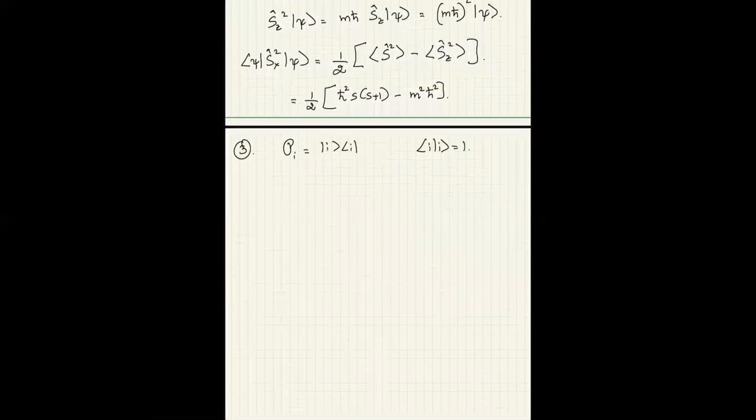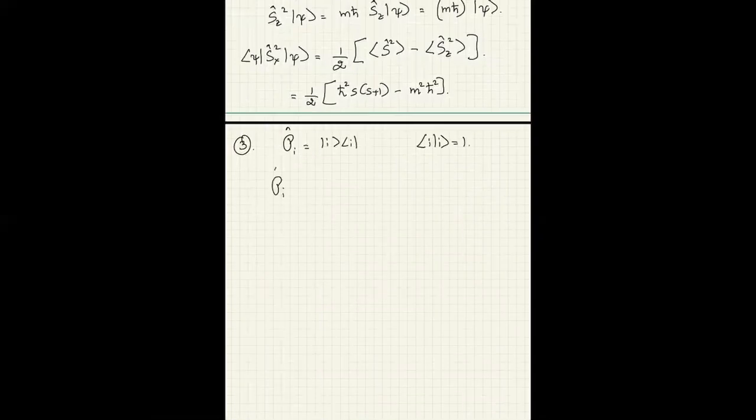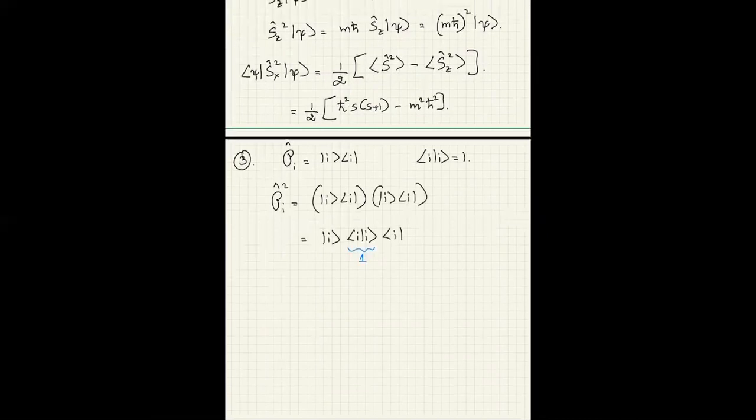So what is Pi squared? Pi squared is |i><i| times |i><i|. This is equal to |i>, and the bra <i| multiplies the ket |i> to give you the overlap, but as we discussed, this is just the number one.